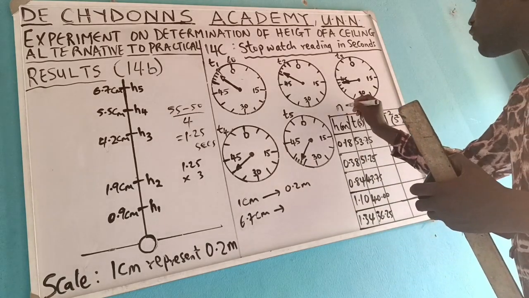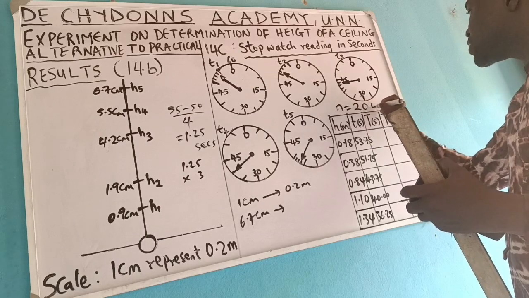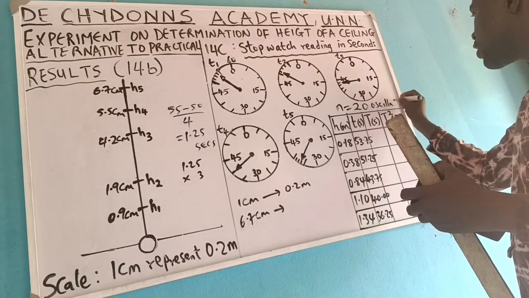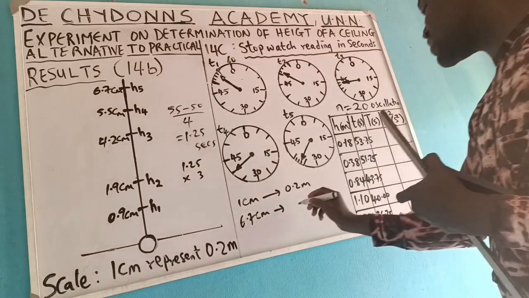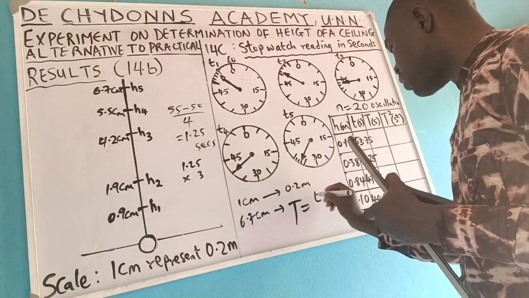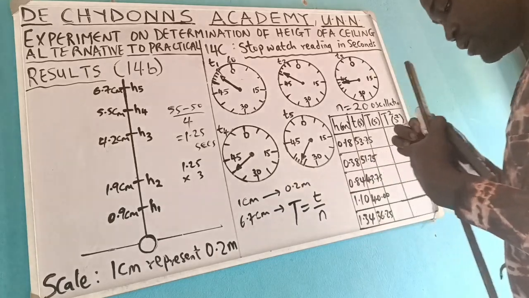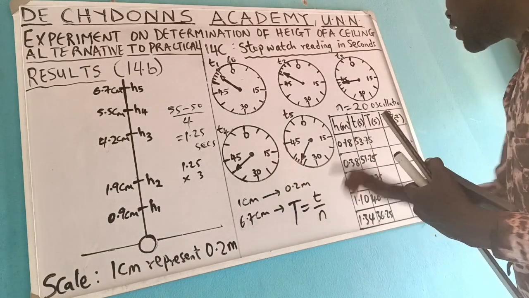Remember that the number of oscillations is given to be 20. So what you do now is you say capital T is equal to small t all over n, where n is equal to 20.